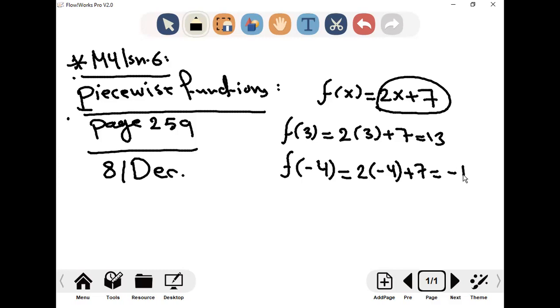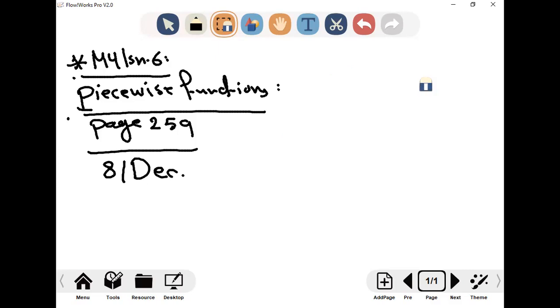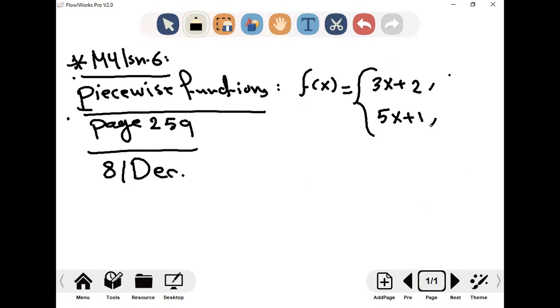Like, for example, f of x equal 3x plus 2 or 5x plus 1. This rule for x less than 1 and this rule for x more than or equal 1. This we call it piecewise function.